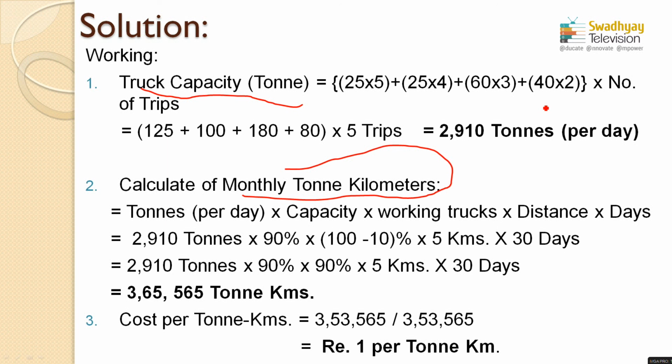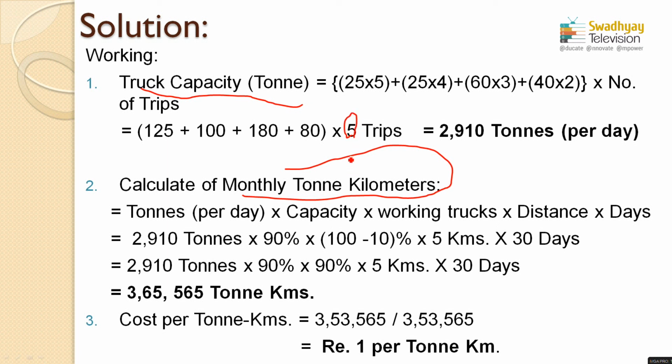If you add this, it comes to around 400, and the total comes to 485. So here 485 multiplied by 6 trips, which you approximately calculate, is 2910 tons per day. Here you need to change it, it is not 5 trips, it is 6 trips.